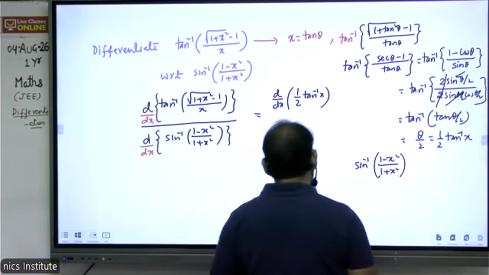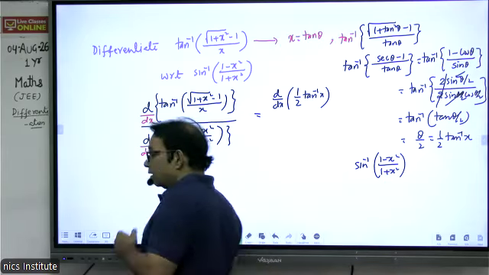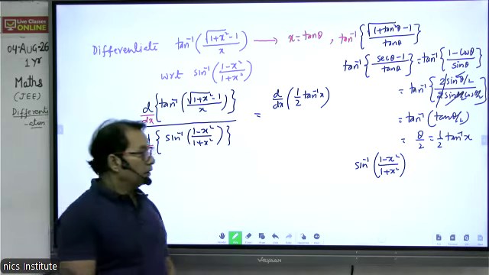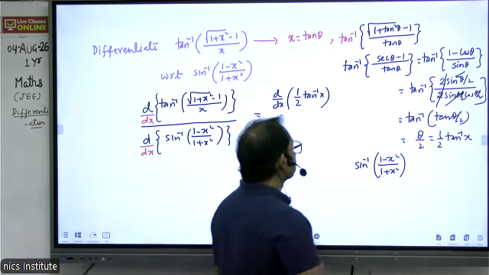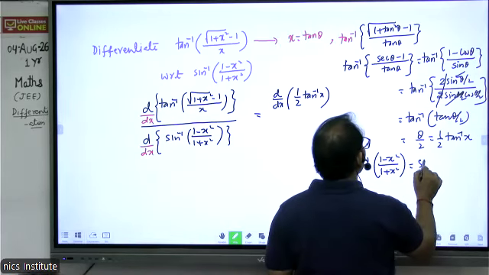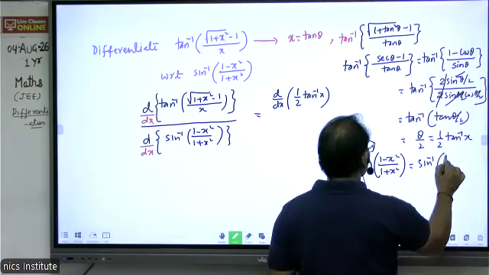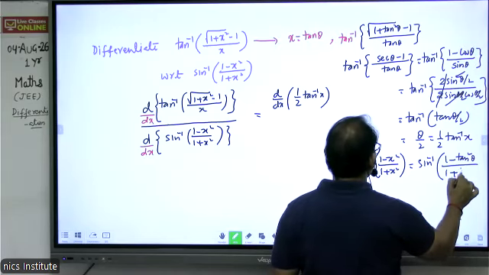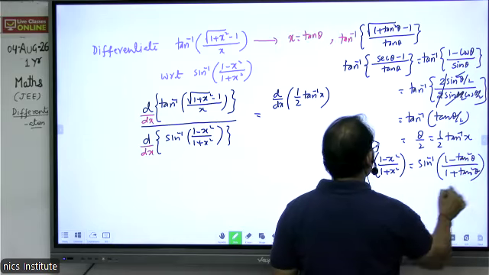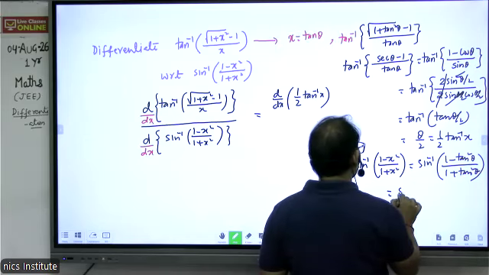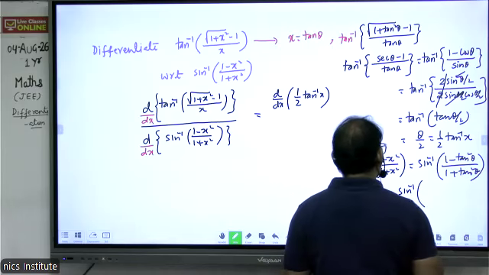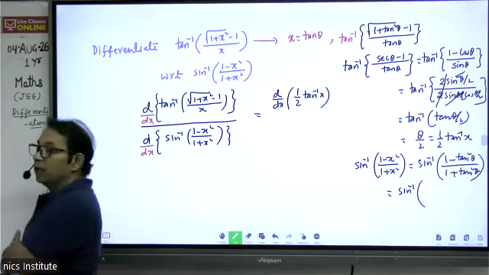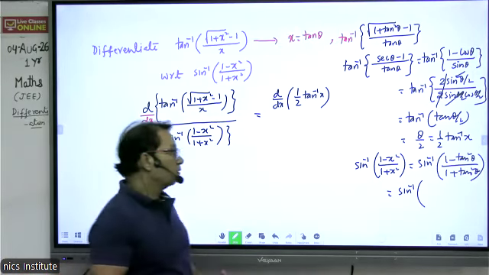Here also you can substitute x as tan theta. It's not necessary that you always substitute the same, but it will work over here. 1 minus tan square theta over 1 plus tan square theta is the identity of cos 2 theta.